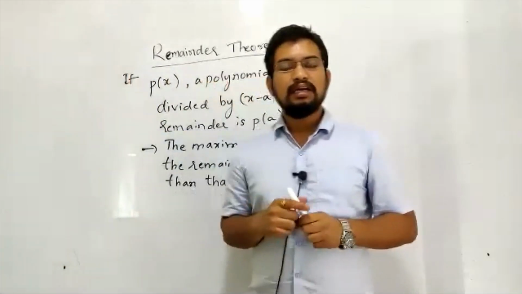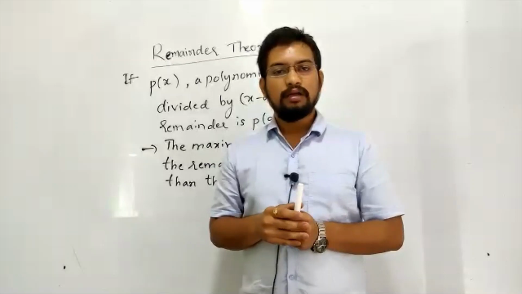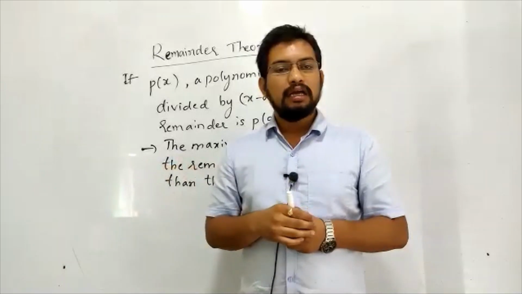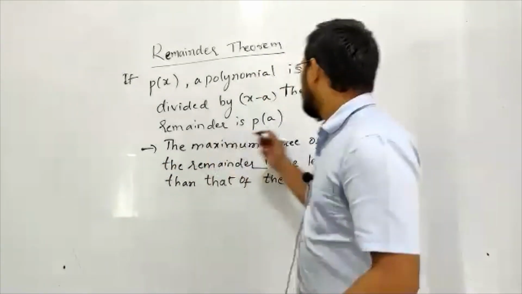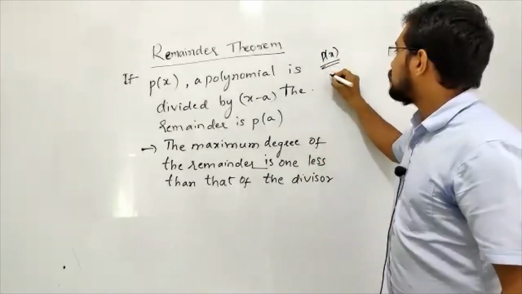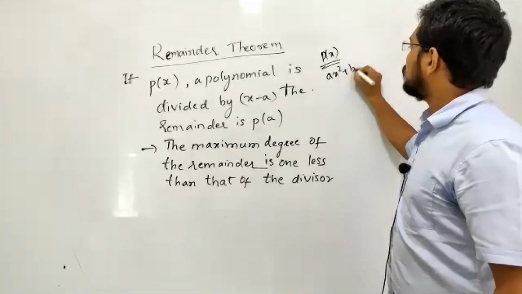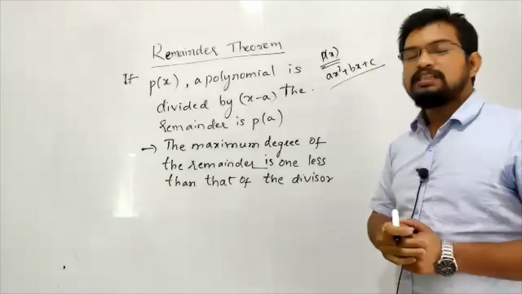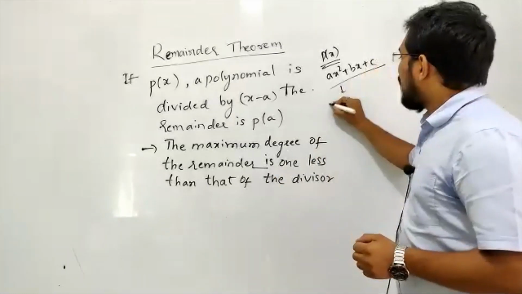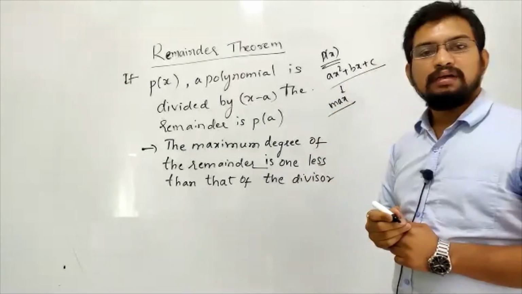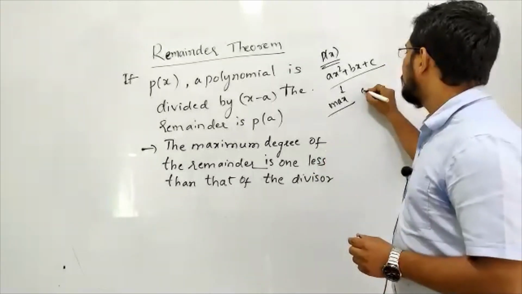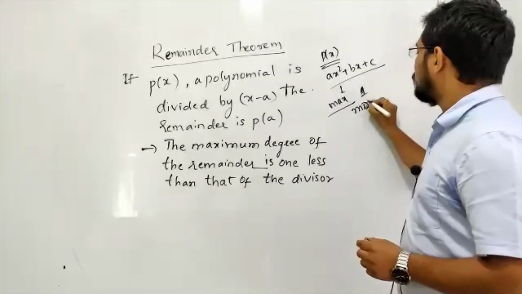It means that there is a polynomial p of x, and I'm dividing it with something like ax square plus bx plus c. In this case, the maximum degree of the remainder will be 1. It means that you will get a linear factor, something like mx plus n.